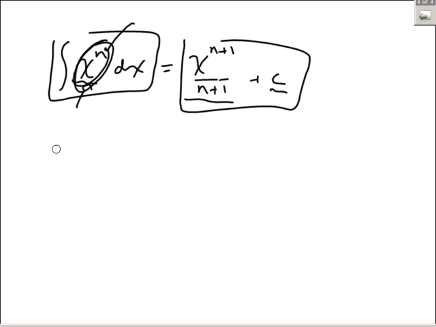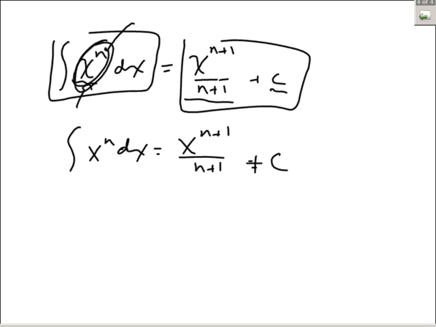Now, let's just play with that a little bit. First, let's talk about it in words. We'll do a couple of numerical examples, and we'll be done with this part. This is equal to this, plus c. If the power is n, when you integrate, the new power becomes 1 more, and you divide by that same number.